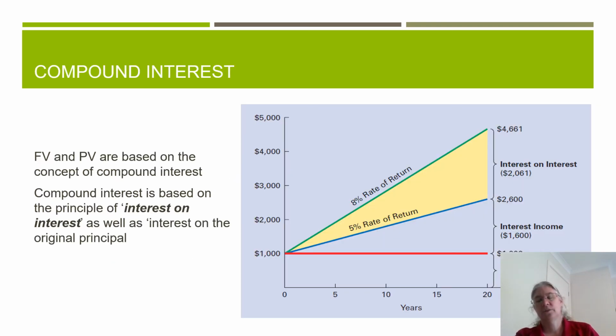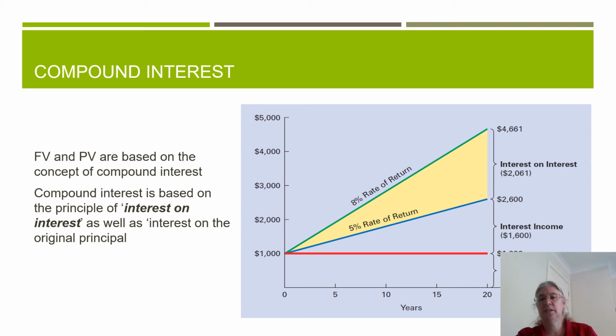This is all based on the concept of compound interest. So we're getting paid our interest, but we're also receiving interest on top of the interest. We're being paid interest for the interest that we have as well as the principal. Here we go, we've got $1,000. These are the number of years. And you can see if we have a 5% rate of return, we'd have $2,600.